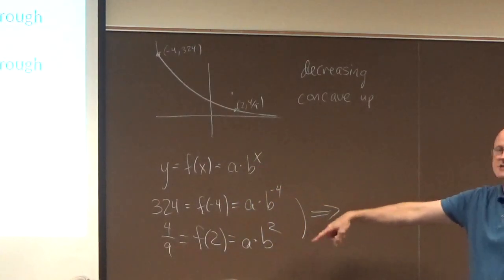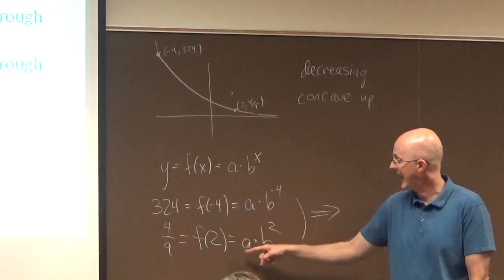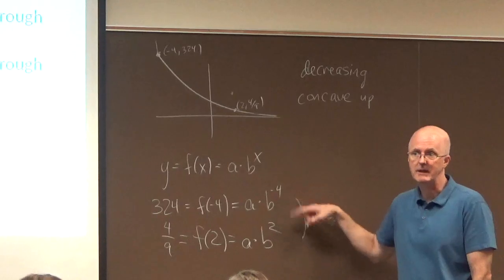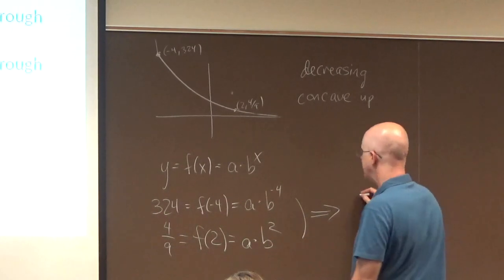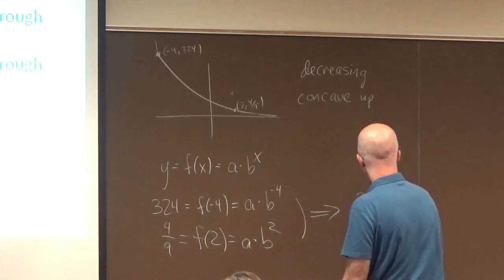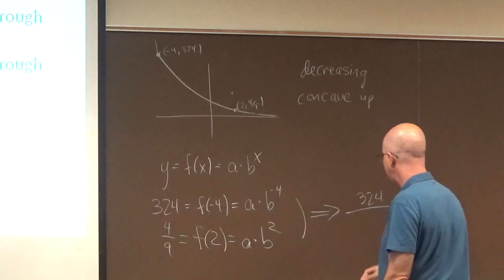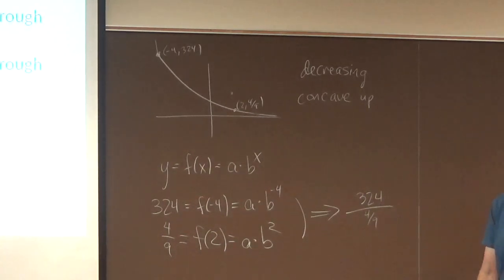In this kind of situation, it's a good idea to divide one equation by the other, because if you do, the a's will cancel, and you'll be able to combine the exponents of the b. So, for example, if you take the first equation, divide it by the second. On the left side, you'll get 324 divided by 4/9, which is 324 times 9/4.